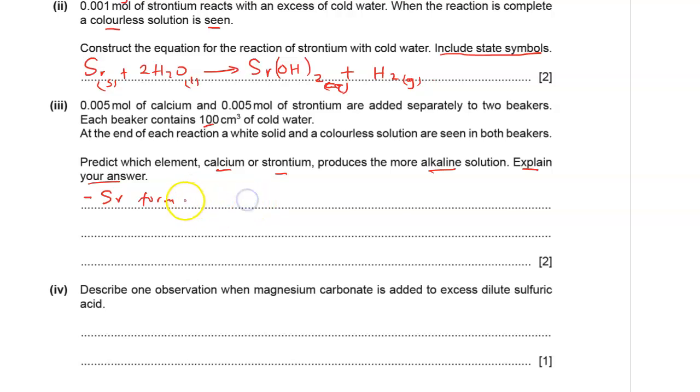Strontium forms a more soluble hydroxide. Strontium hydroxide is a stronger base, because you're saying more soluble, more alkaline solution.